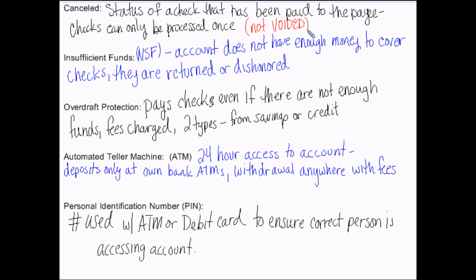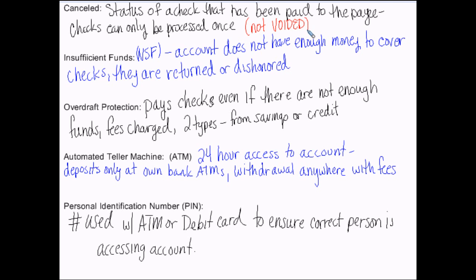A canceled check has been paid. So I write check number 1221 to Joe Bob's Plumbing, and then he cashes it or deposits it. As soon as the money comes out of my account, that check has been canceled. That check number was 1221.